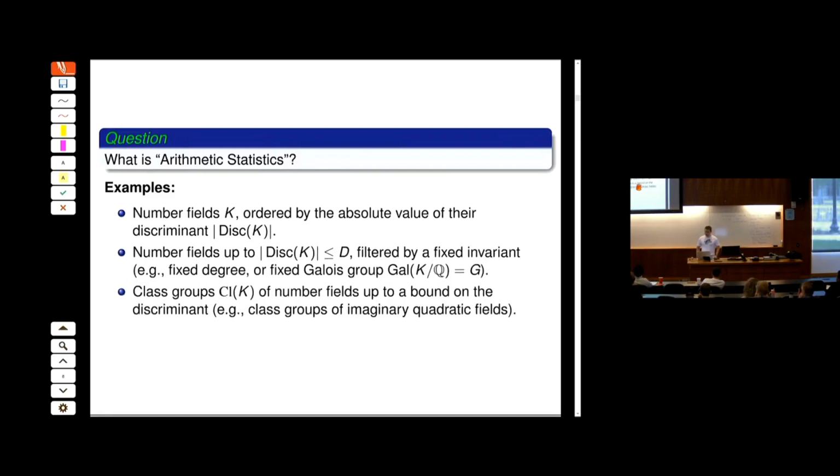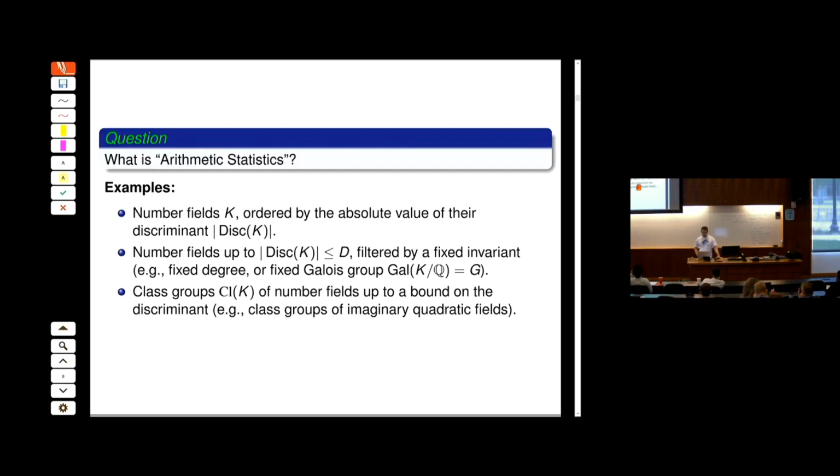What about number fields? Number fields also have a natural size, the absolute value of their discriminant. If you've had some number theory, then you know that the discriminant measures, for instance, how many bad primes there are, what are the primes that ramify in that number field.